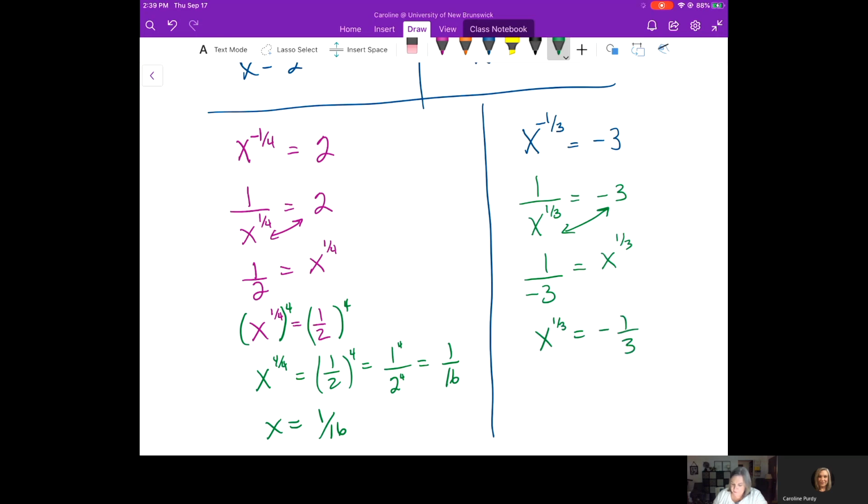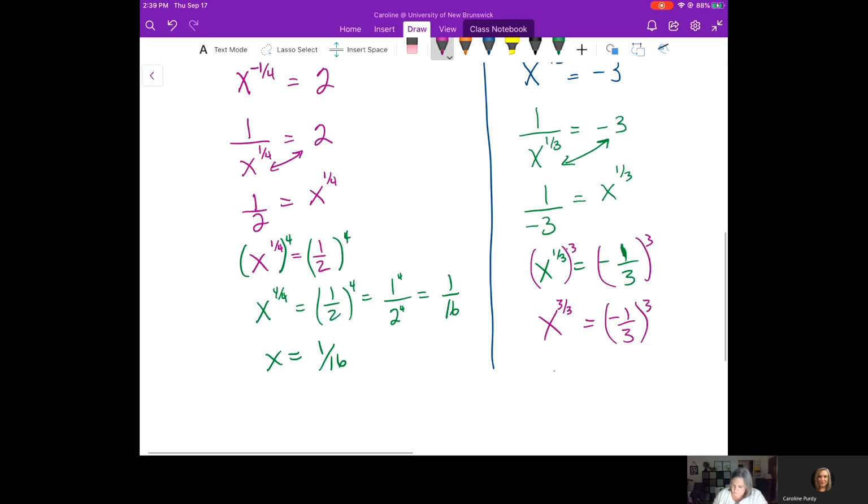So this is -1/3. Remember, you don't need the negative on the bottom. And then you cube both sides. So this is x to the 3 over 3, which is 1. And this is negative 1/3 cubed. So x is equal to negative, cubed is negative, and 3 cubed, 3 times 3 times 3, is 27. So did you get the right answer?